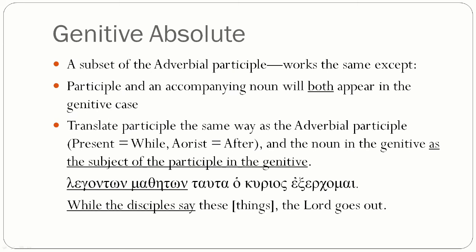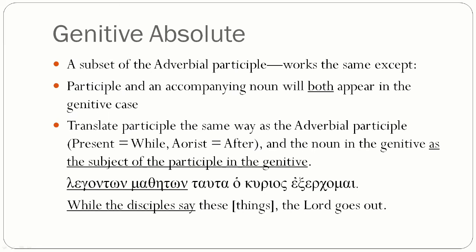when you have a genitive absolute construction, these are very easy to recognize because you will have a participle that appears in the genitive and then an accompanying noun or pronoun that will also be in the genitive case. All right, this entire genitive participle phrase will not be associated with any other part of the sentence, which is why it's called absolute.